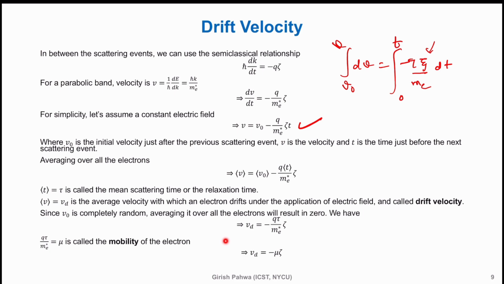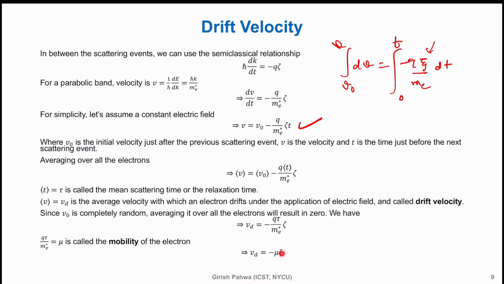I apply a certain electric field in different materials. Depending upon the material, an electron can gain a large drift velocity or a smaller drift velocity. The factor that determines it is called mobility.